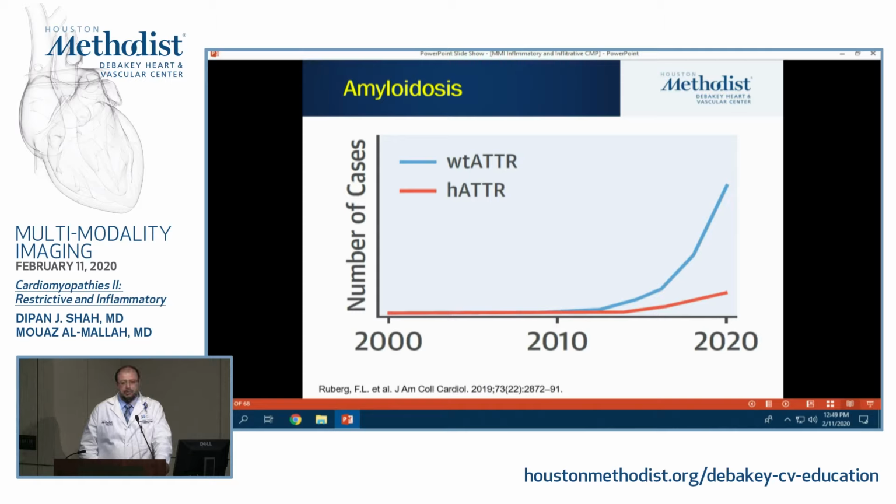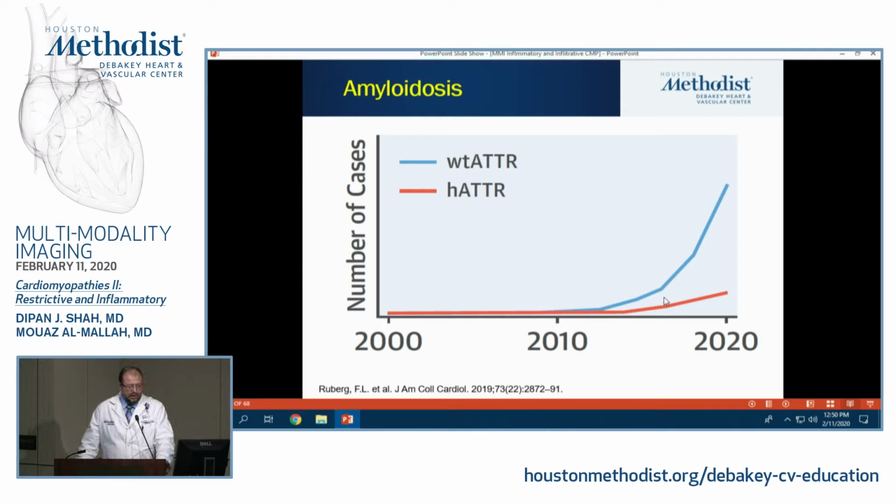Okay, so let's switch now to the infiltrative or restrictive cardiomyopathies, and this is an area where nuclear cardiology had no involvement in the past many years until very recently, when some of the clinical applications of PYP imaging started to emerge.